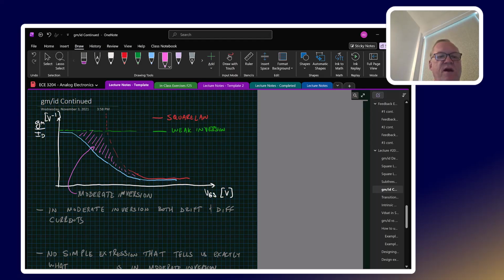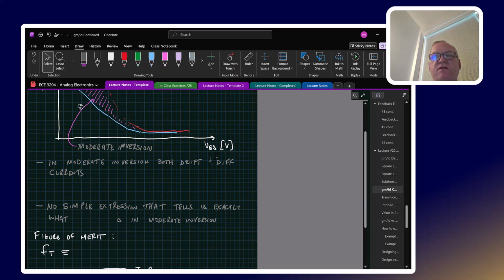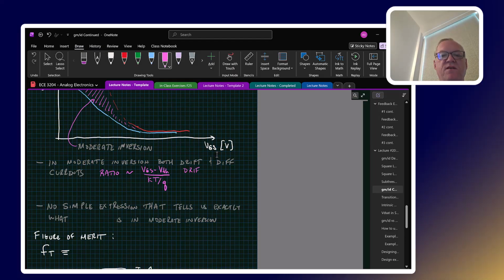In moderate inversion, we have both drift and diffusion currents, and the ratio of these currents is approximately given by VGS minus VTH over KT over Q. So this is our drift current relative to our diffusion current.